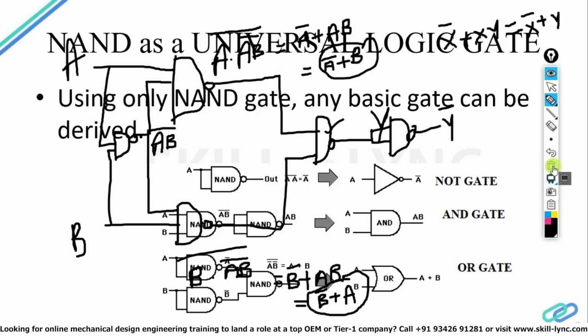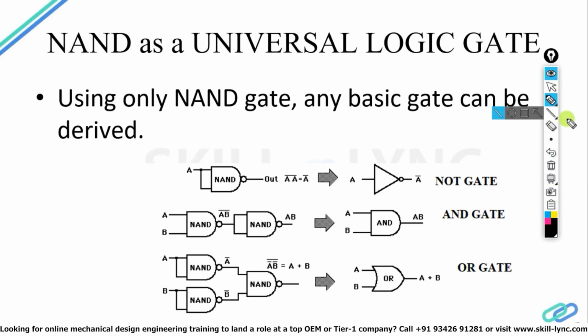So this is the case. Now you have seen that for the exclusive OR gate, we have taken only 4 NAND gates. We have reduced the things. And for the exclusive NOR gate, the number of NAND gates will be 5, because one more NAND gate will be there to make it a complemented form.